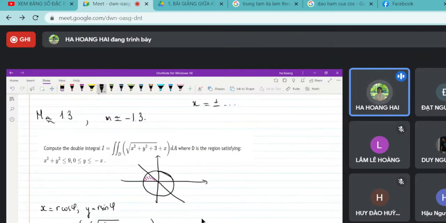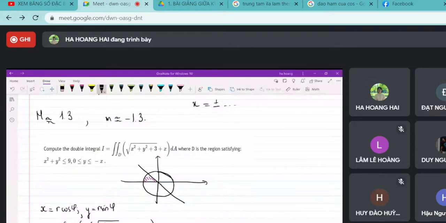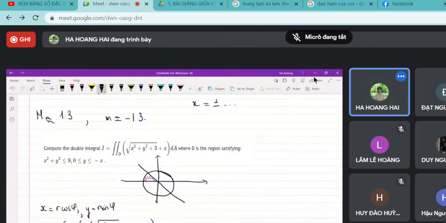Here we have r dr. What are the limits for r? Clearly, we have the circle only, so r here goes from 0 to 3, right? And about phi, what are the limits for phi, class? 3 pi over 4 to 2 pi.